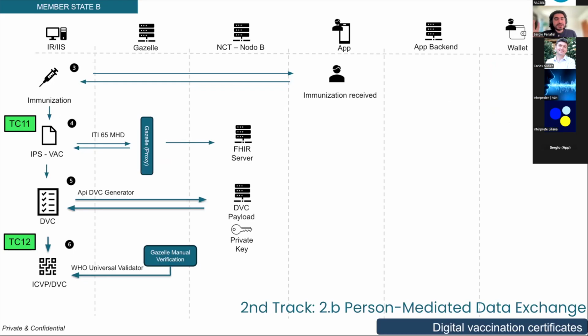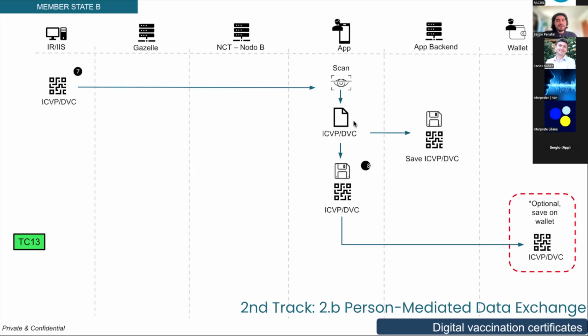So something similar can happen to what we saw in track 1, where in a different country from that of the country of origin, we could get an immunization, and that immunization is later translated or transformed into an IPS, which will have the ICVP structure, which will allow me to have an ICVP certificate in the form of a QR code issued by country B. This ICVP certificate, and this is the other part of what the application does, can be scanned in order to store it in my device.